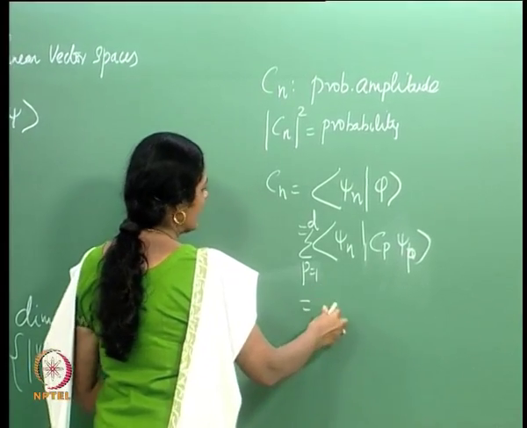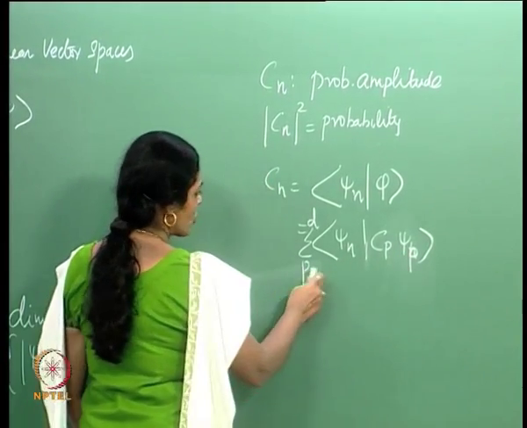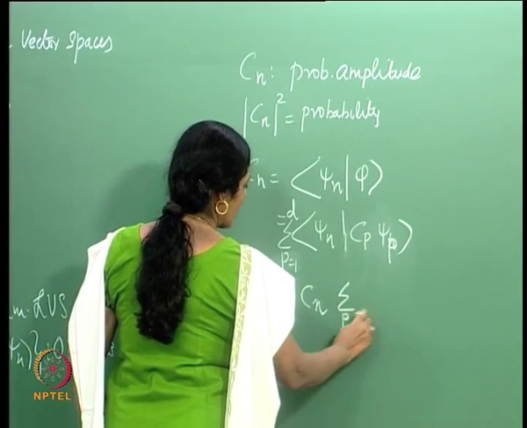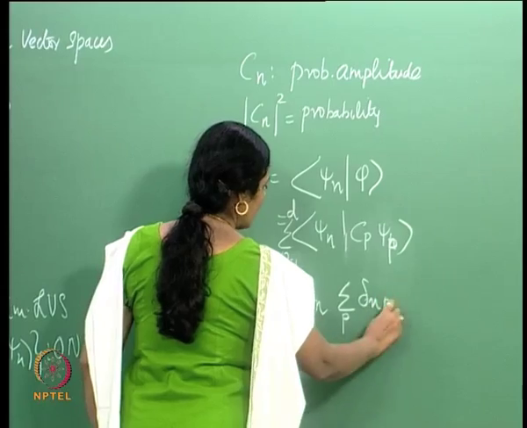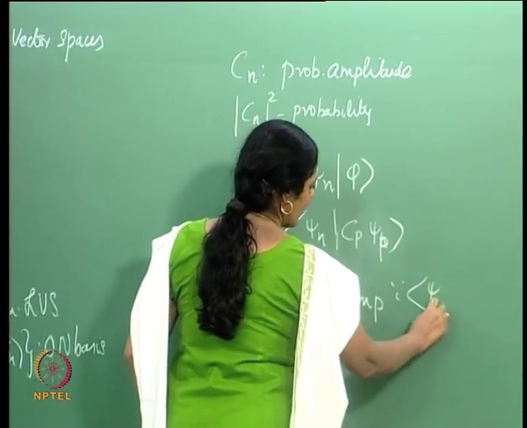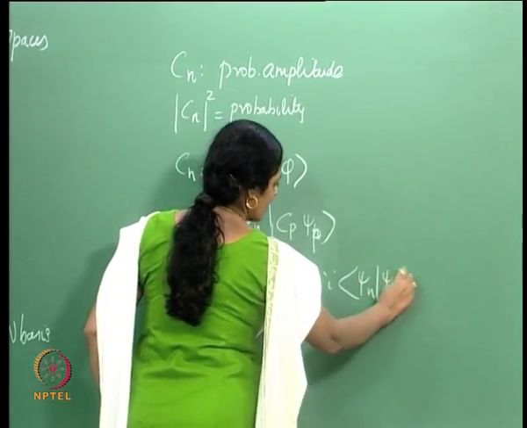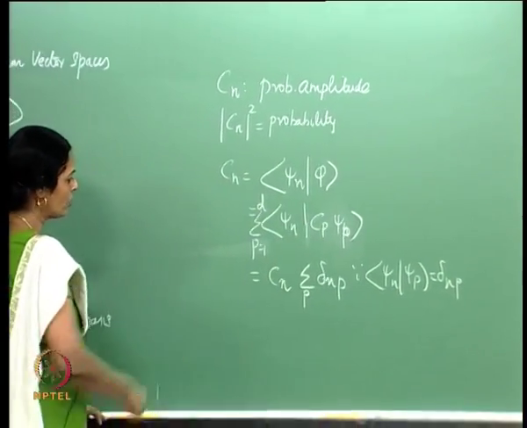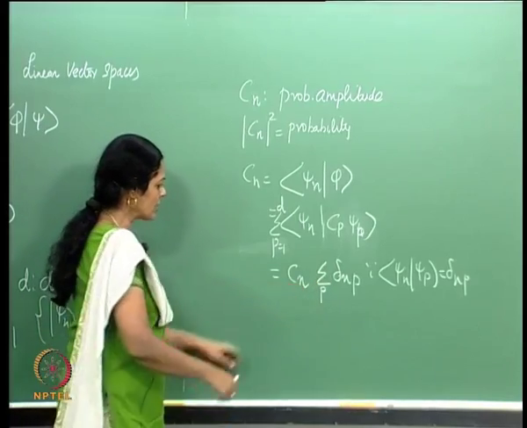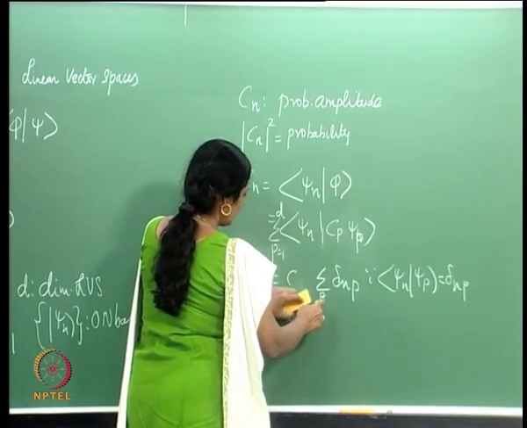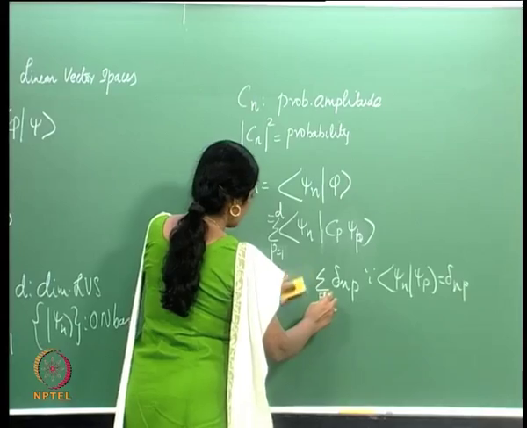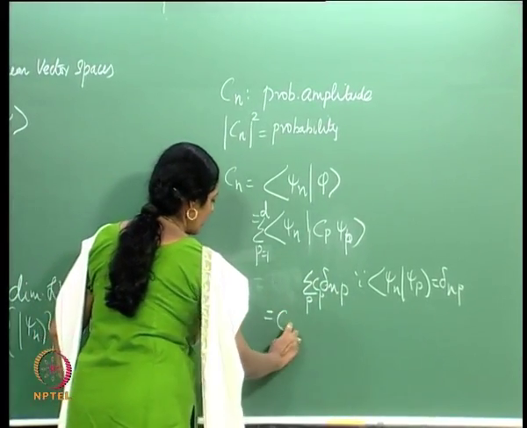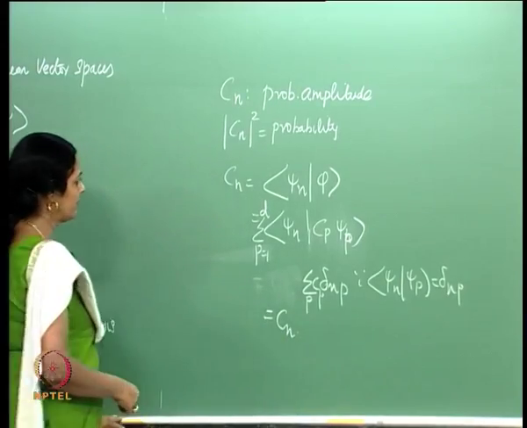So the summation goes and I have a Cn, because this gives me summation over p of Cp delta np, because bra psi n ket psi p is delta np, and Cp was a number which I pulled out, and that became Cn.